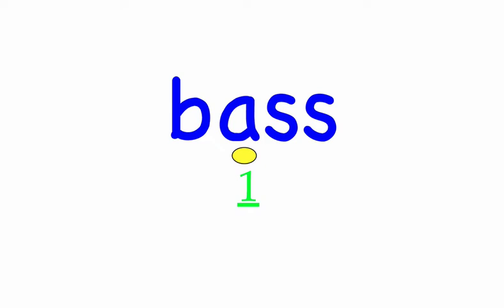So the word right now, the way we're pronouncing it, is the bass guitar player. But if we pronounce the word as in bass fish that people catch in the lake, then we're going to have to mark it in a different way. So in the fish bass, you have a short vowel, as vowel group 1 indicates it would be when it's one vowel followed by a consonant. So we would just mark it with a 1. But again, let's go back and look at the guitar bass.